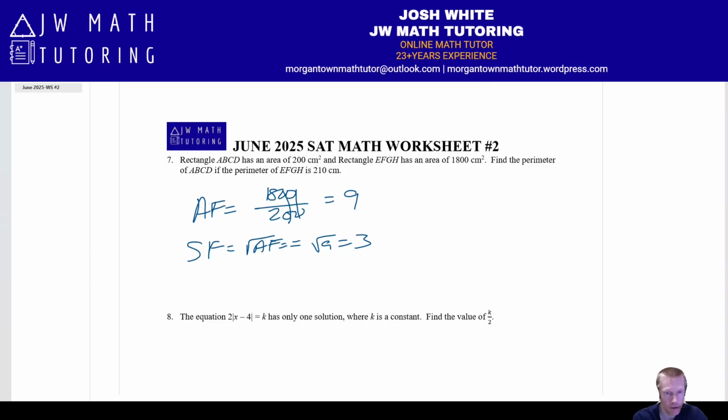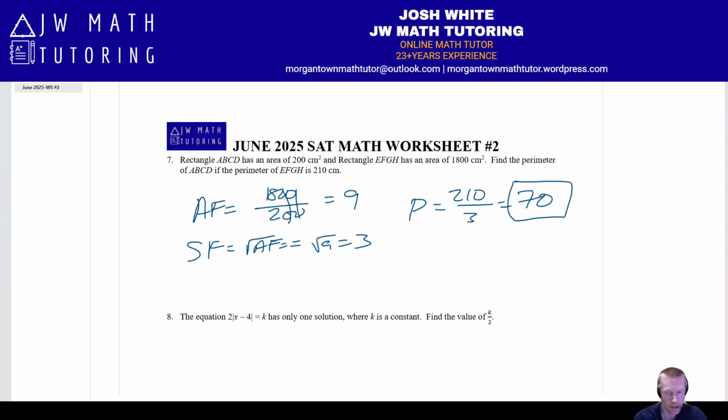Therefore, the perimeter is going to be 3 times as large for EFGH compared to ABCD as well. So the perimeter of ABCD, the smaller, is just going to be 210 divided by 3, which is 70. So therefore, that's the correct answer.